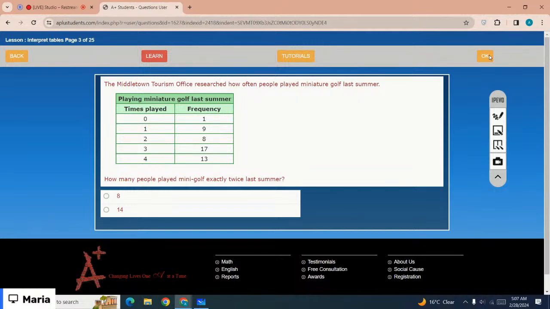Exactly means how many people played golf two times last summer. So here is the number of times played, two, and you have to see the frequency. The frequency is eight, right? That means eight people played mini golf two times last summer, right? The correct option is eight.